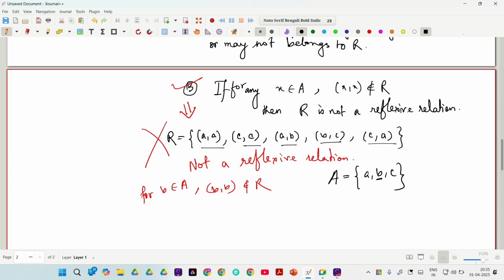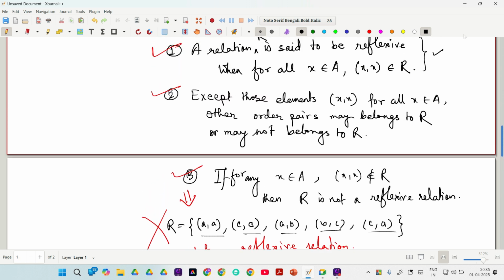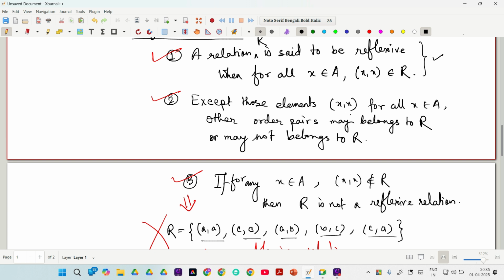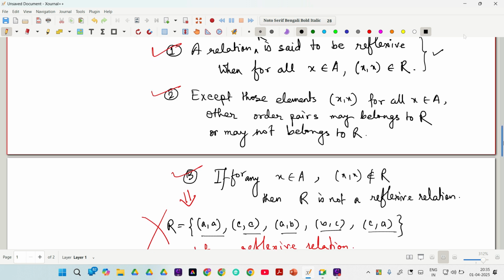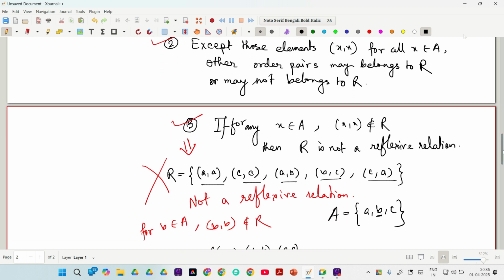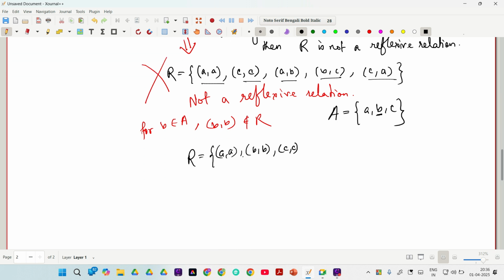In order to be a reflexive relation, R must have these 3 elements: (a, a), (b, b), and (c, c). And the second point is saying that this reflexive relation R, except these (x, x) elements, may have other elements or may not have other elements.